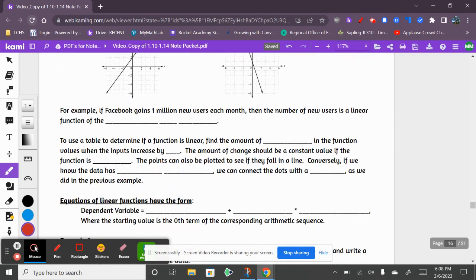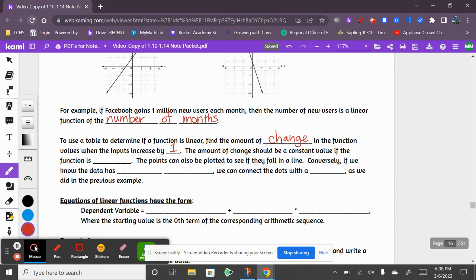So for example, if Facebook gains 1 million new users each month, then the number of new users is a linear function of the number of months. To use a table to determine if a function is linear, you're going to find the amount of change in the function values when the inputs increase by 1.